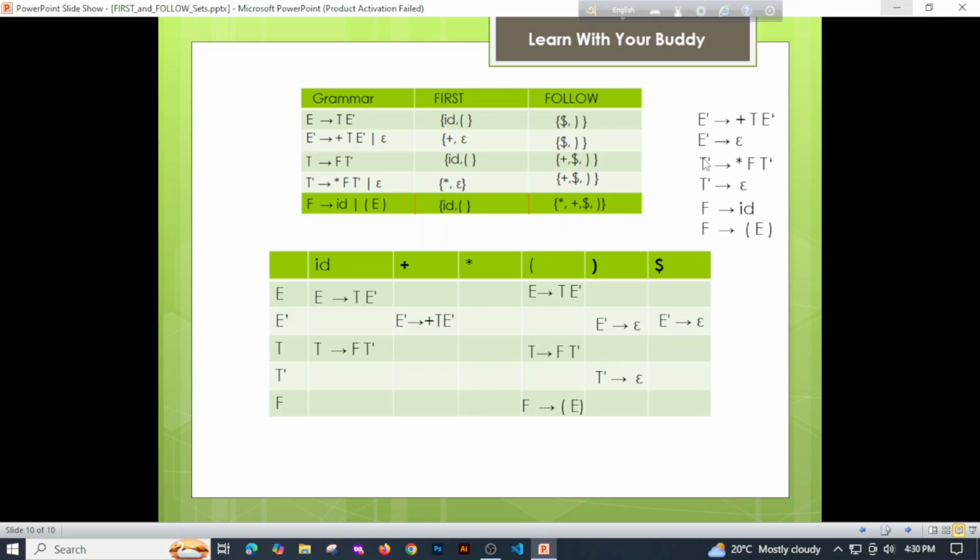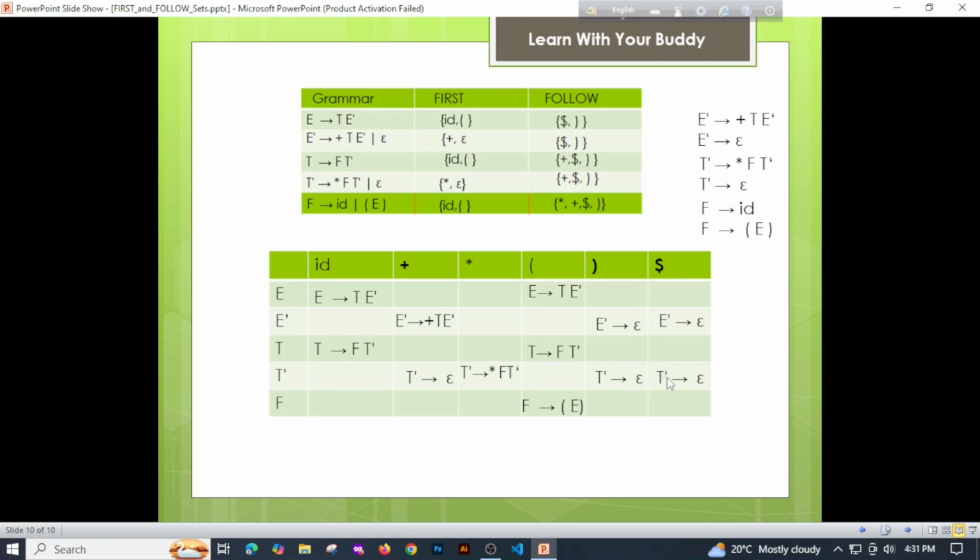So for star F T prime, we will see the multiplication sign, and for the epsilon we will look at the follow, and there we will see that it is going to be written in the plus, the dollar, and then the closing bracket section.